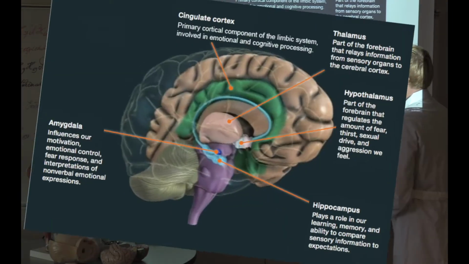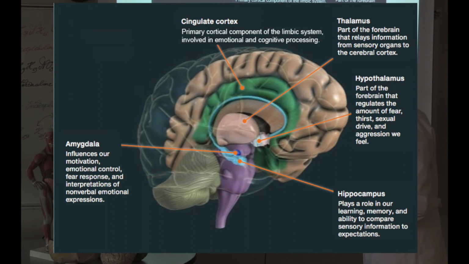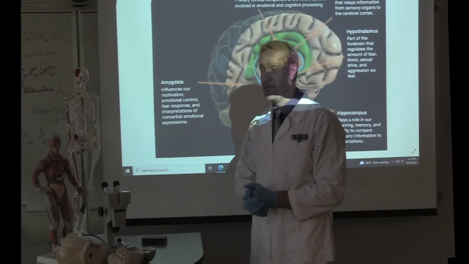So, again, the sagittal section through the brain, and the main areas that are highlighted here are connected, of course, to the limbic system.